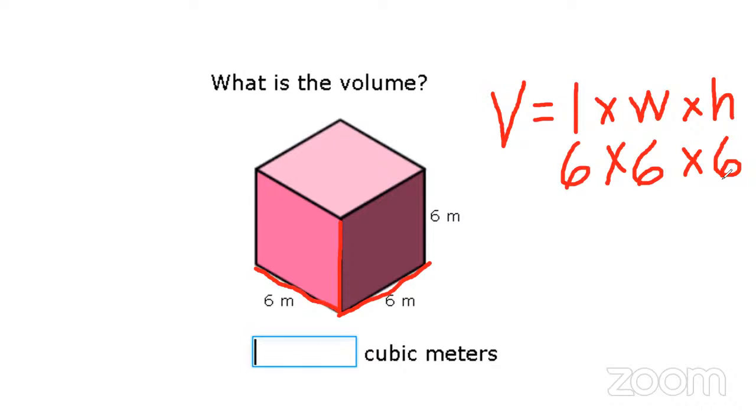What is 6 times 6? 6 times 6 is 36. Brilliant. And 36 times 6 is what?